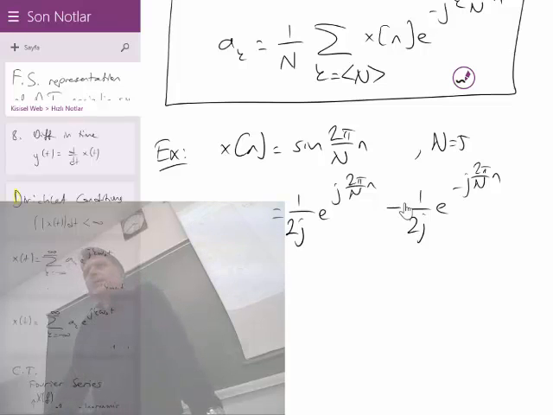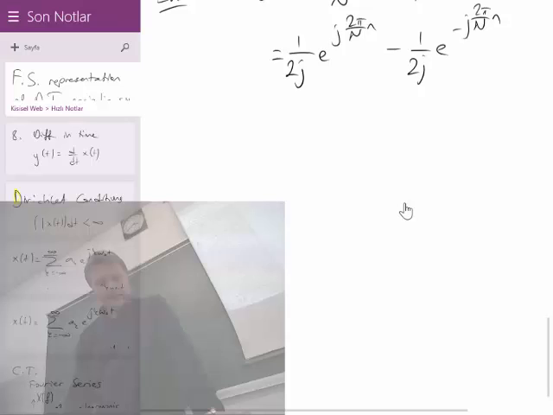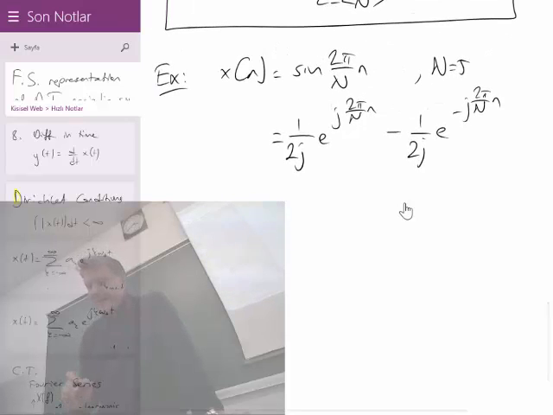This is the Euler's expansion, which says that there are two harmonics in this signal, and the values or the coefficients of these harmonics are 1 over 2j and minus 1 over 2j. And since there is no other harmonic, they do correspond to the fundamental harmonic as well. So A1 is 2 pi over capital N times 1 here, and then this is the Fourier series coefficient.